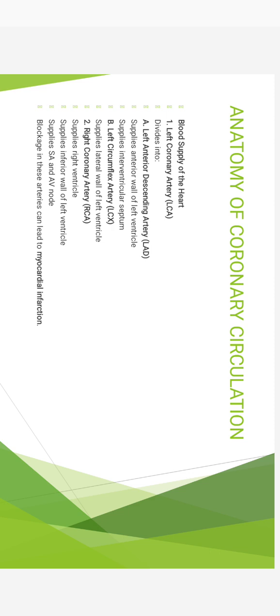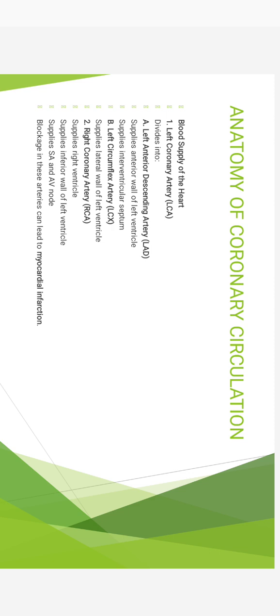It supplies the anterior wall of the left ventricle and the interventricular septum. Blockage of this artery can lead to severe anterior wall myocardial infarction and is often called the widowmaker because of its seriousness. The second branch is the left circumflex artery, which supplies the lateral wall of the left ventricle.